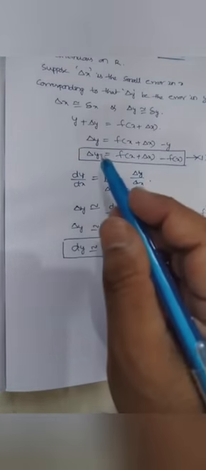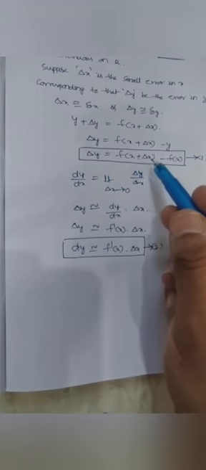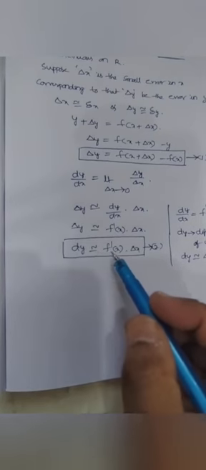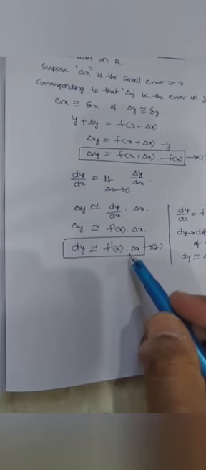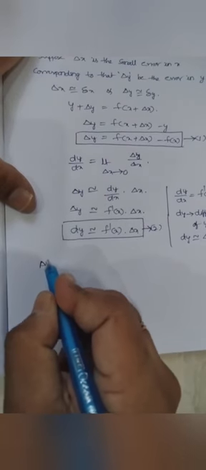Now let us observe here. Delta y is equal to f of x plus delta x minus f of x, and dy is approximately equal to f dash of x into delta x. Let us consider a simple note here.